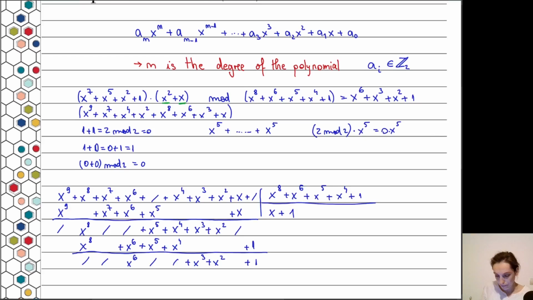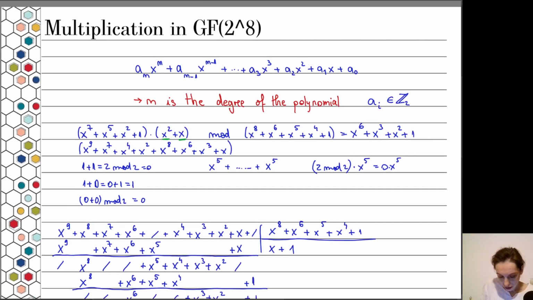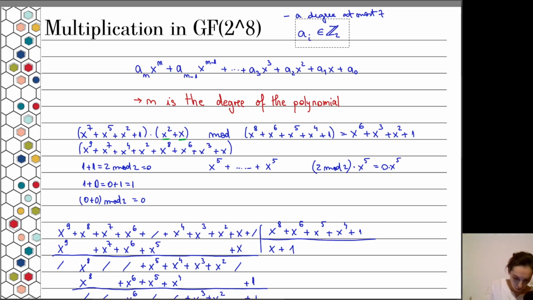And that's all. So in this field we will have a degree at most 7, and all the coefficients are in Z2. So that's what we have to keep in mind.